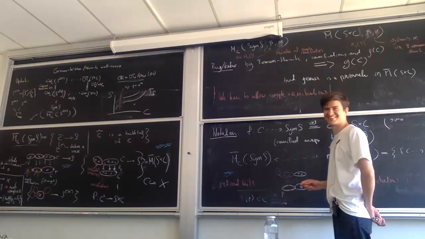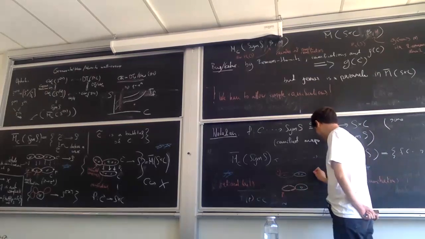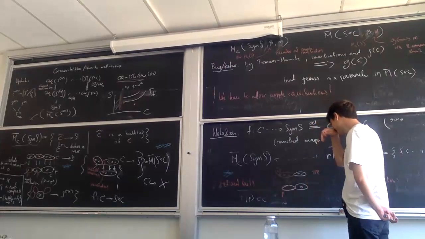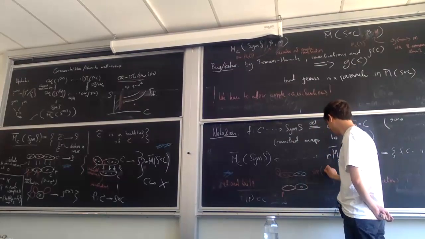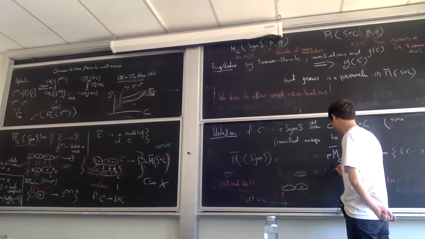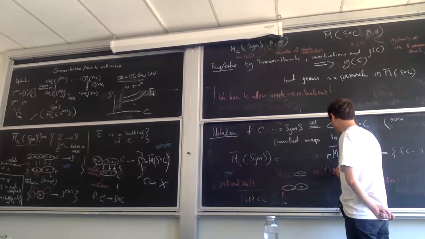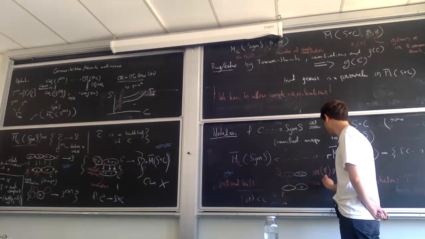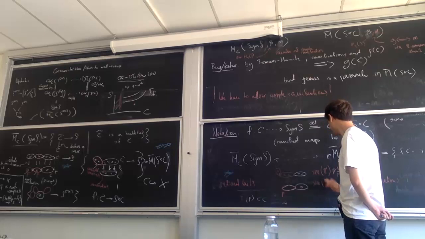So as before, what you do is you restrict the size of P1s and the size of these ramifications.